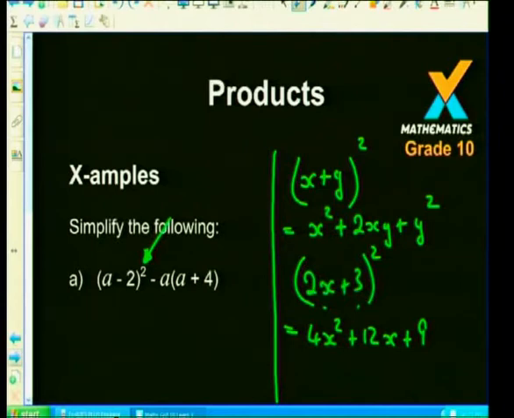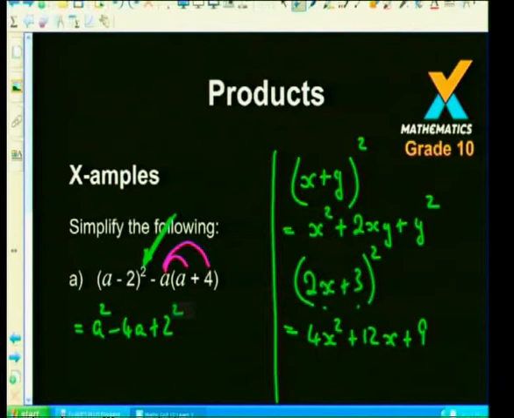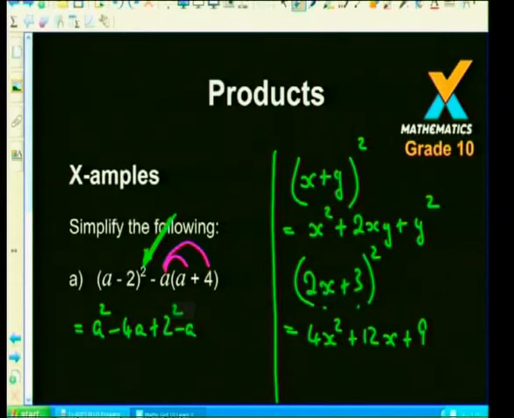So, back to our example over here, which has got a perfect square in it there. So, first squared, first times second times 2, second squared. That's my bracket multiplied out. Now, I'm going to go and put our rainbows in for the second bracket. So we got minus a squared, minus 4a.